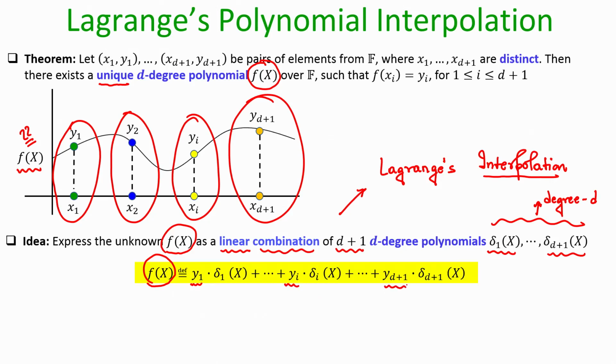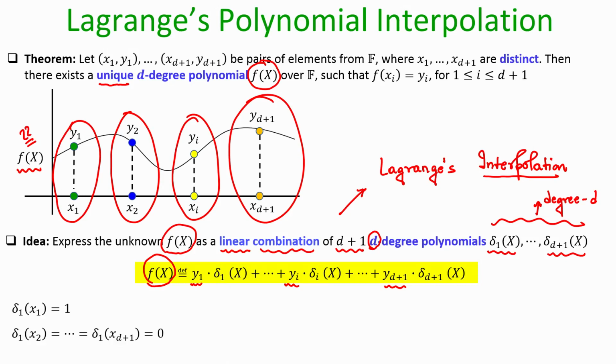So, remember you are given d plus 1 number of y elements. Okay. Now, these delta polynomials are not arbitrary degree d polynomials, but some special type of degree d polynomials. What is the speciality of these degree d delta polynomials?